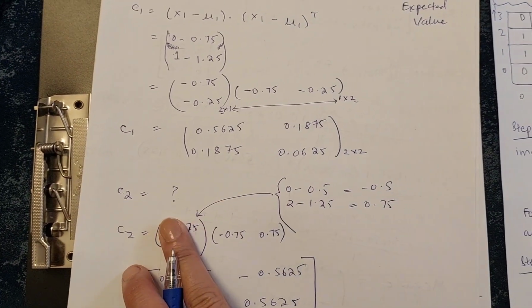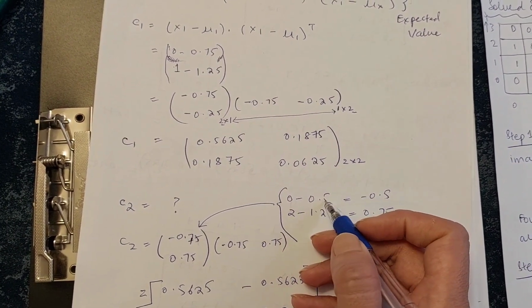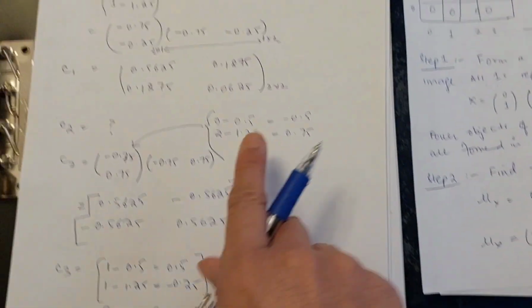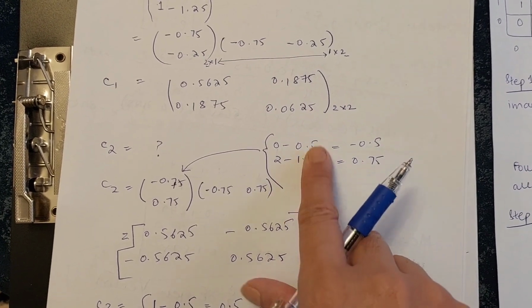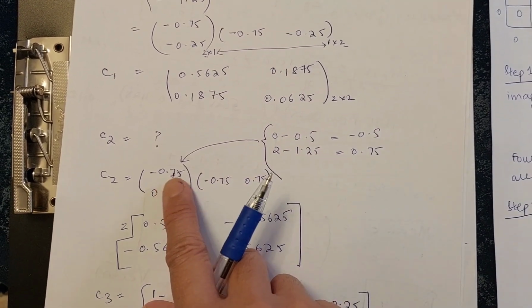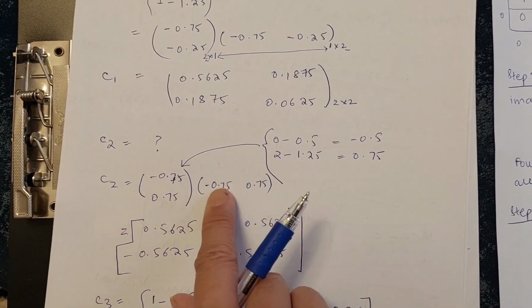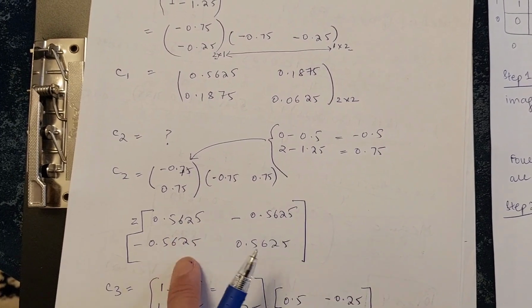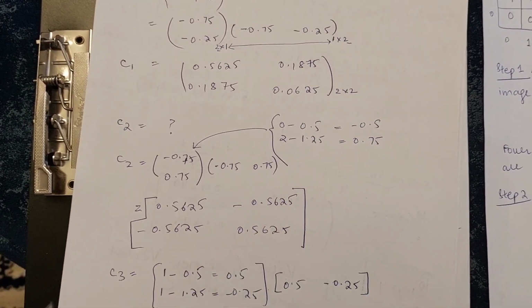Similarly, for the second data point, which is 0 and 2, minus the mean values, I'm getting 0.75 and 0.75, and they are multiplied with their transpose, and this is the answer: 0.56, 0.56 and minus 0.56 and 0.56.